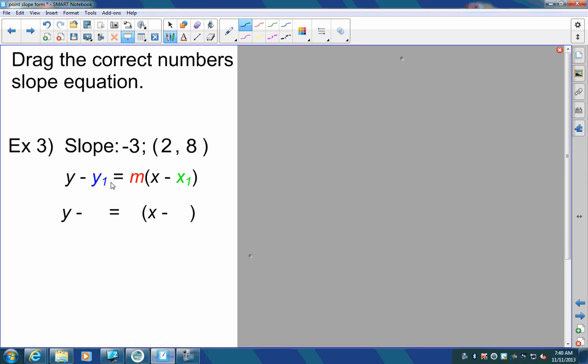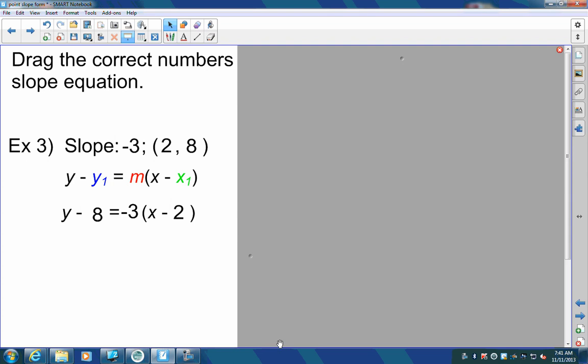Okay, so right here, first off, I know that the slope is negative 3. The slope goes right here. It says y minus y1. Here's my y. I'll bring this 8 right there. And then x minus x1. X is 2. So all I did was pull my numbers into those spots.